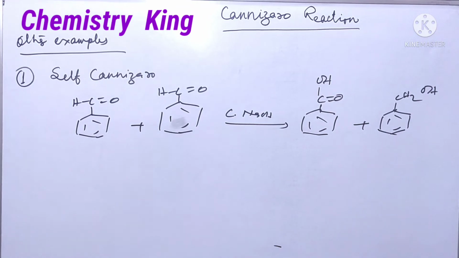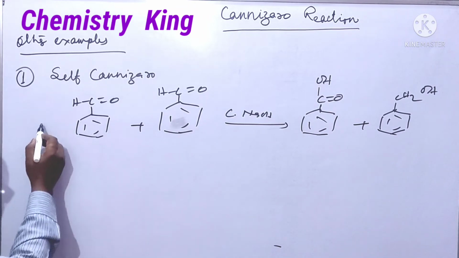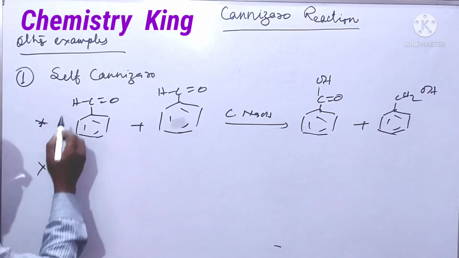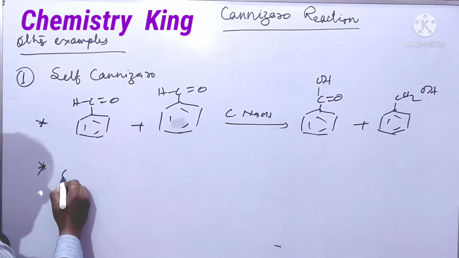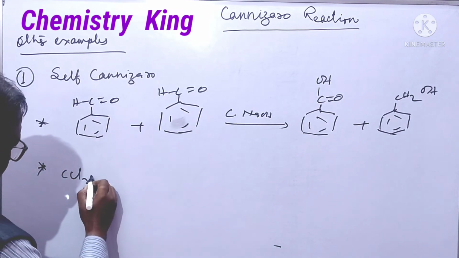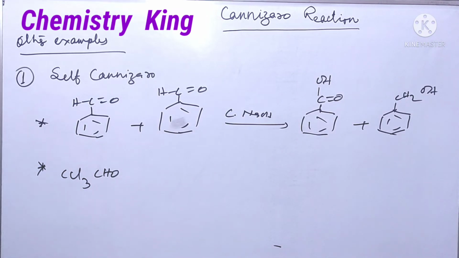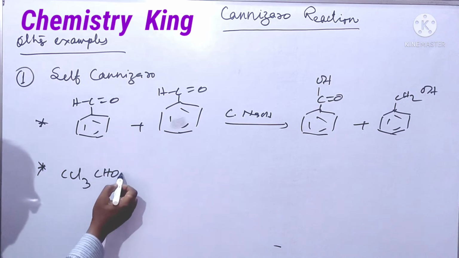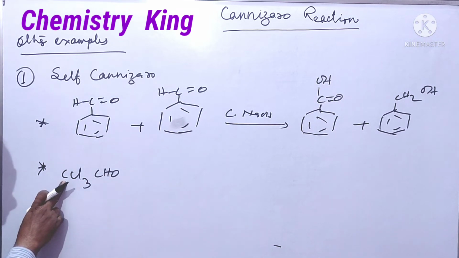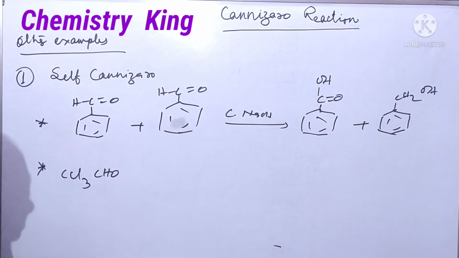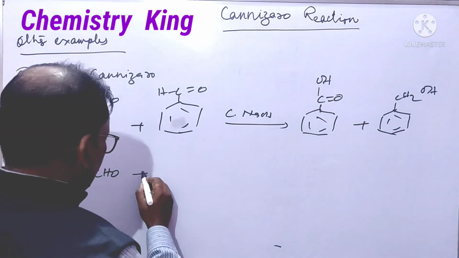Second example you may see here for self Cannizaro. CCl3CHO. What is this? Trichloroacetaldehyde. This is aldehyde group and this is alpha carbon, but this alpha carbon has no hydrogen. So there is no alpha hydrogen.